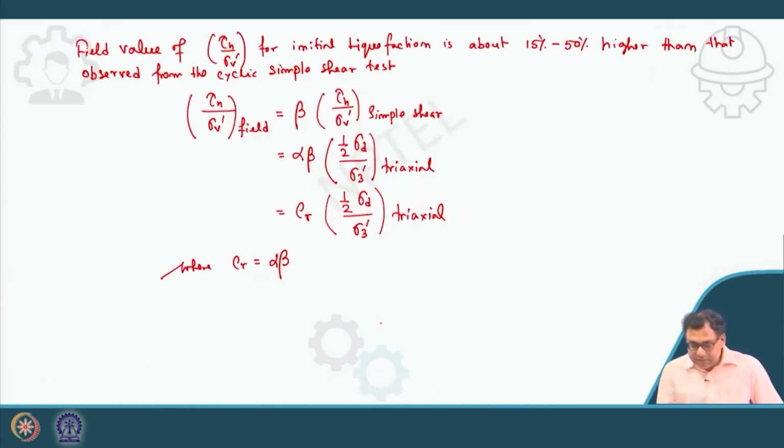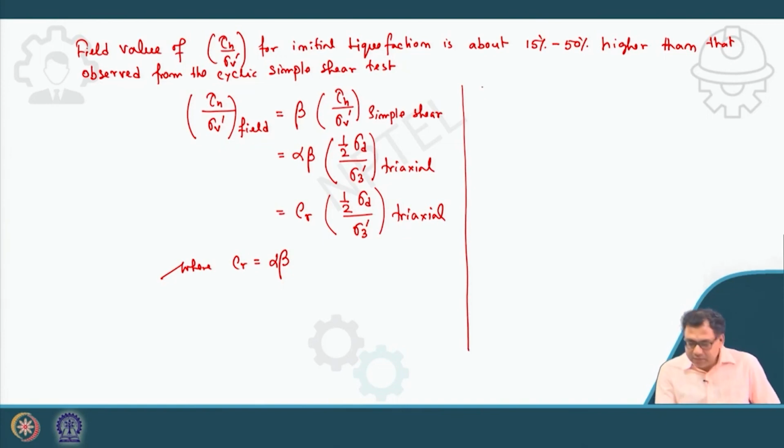One more thing: later on I will show the chart. Those charts are developed for a particular relative density, and that relative density is 50%. Now in the field, the density of soil may be more than or less than 50% relative density. So for that reason I have to apply a further correction, because the charts are developed for relative density 50%.